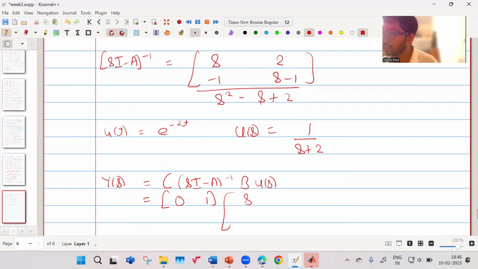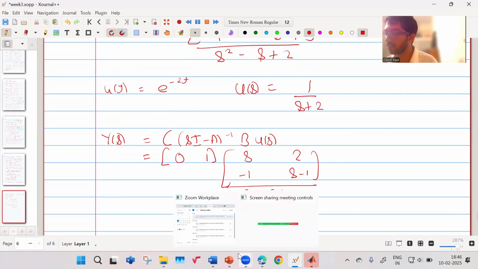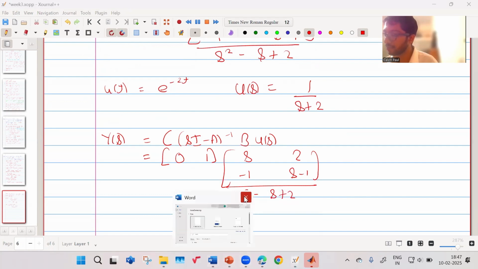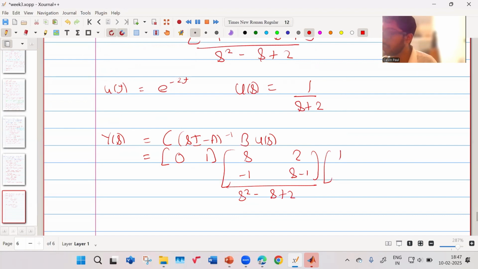(sI minus A) inverse is [s, -1; 2, s minus 1], the whole thing divided by s square minus s plus 2. What is B? B actually is [1; 0]. So this is multiplied by 1 upon s plus 2.